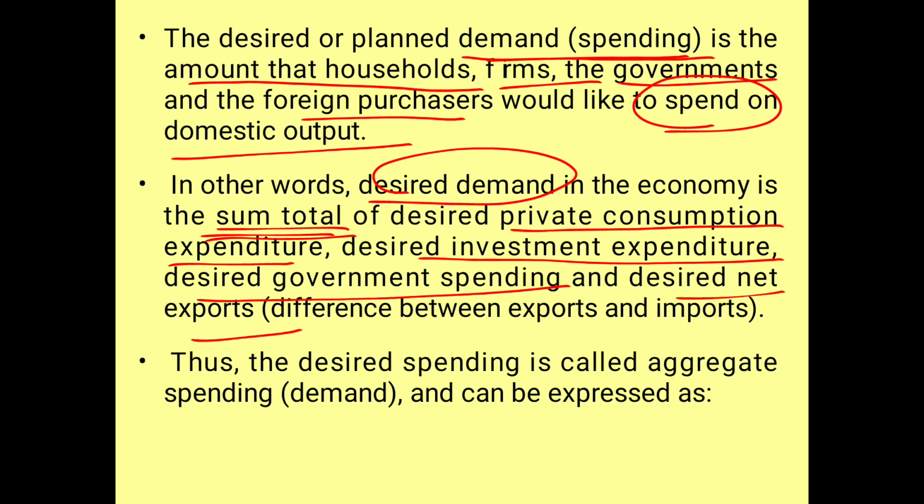So when there is demand and we are spending money, we see how much is going to be private consumption expenditure, how much is going to be investment, how much the government is going to spend, how much is going to be our net export. All this put together is aggregate demand. Thus desired spending is called aggregate spending. Desired spending, how much you are willing to spend, is called aggregate spending.